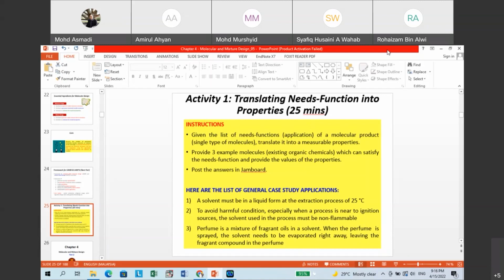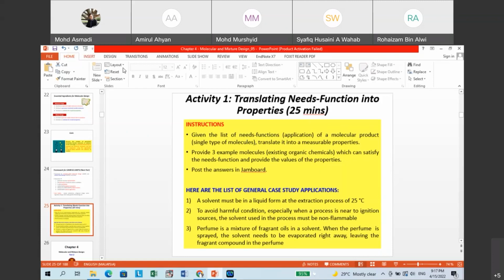Okay, saya kasih link tu. Awak masuk Jamboard. Boleh tak awak dapatkan dia punya properties and also chemicals? Contohnya yang ni kalau in term of solvent at the liquid form, apa dia punya properties? Okay, something that can be measured. And what is the chemicals? Kan kat sini, given the list of needs function of the molecular product, translate into the measurable properties.